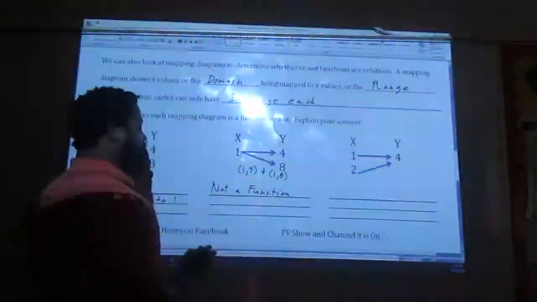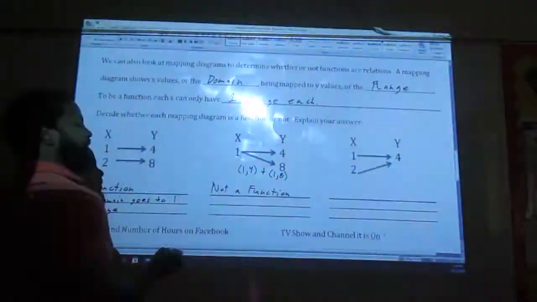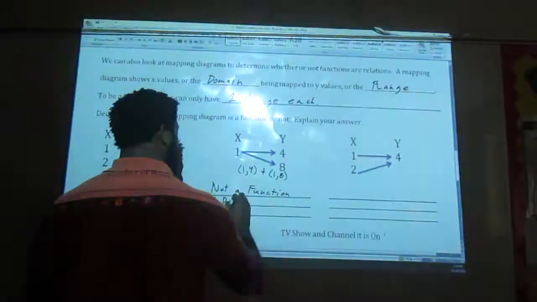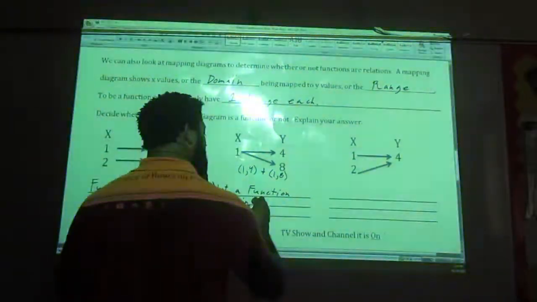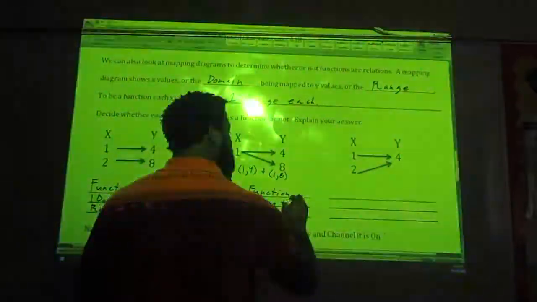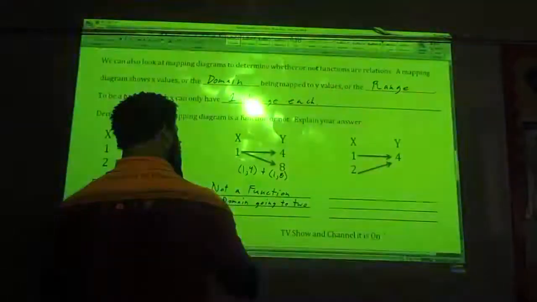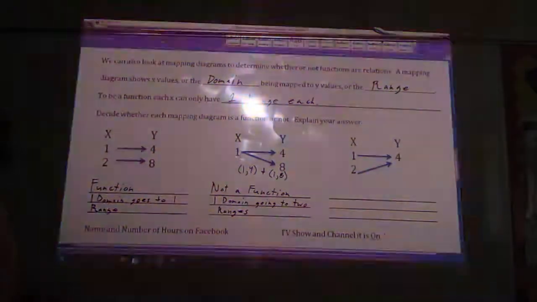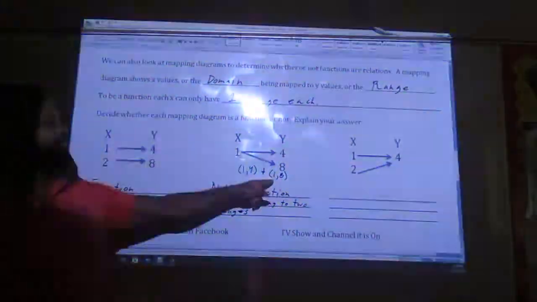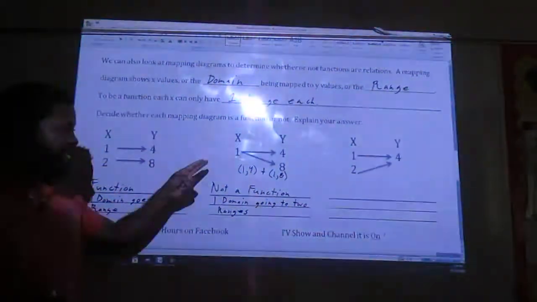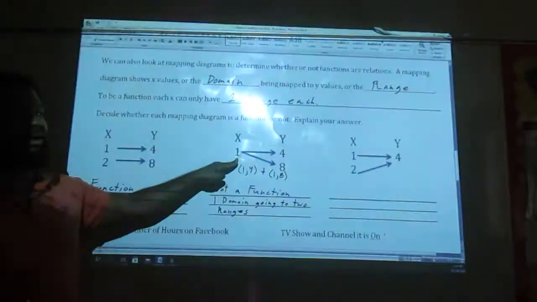Reason being is because you have one domain going to 2 ranges. You cannot have more than one domain. Because by it going to 2 ranges, that domain is stated twice.